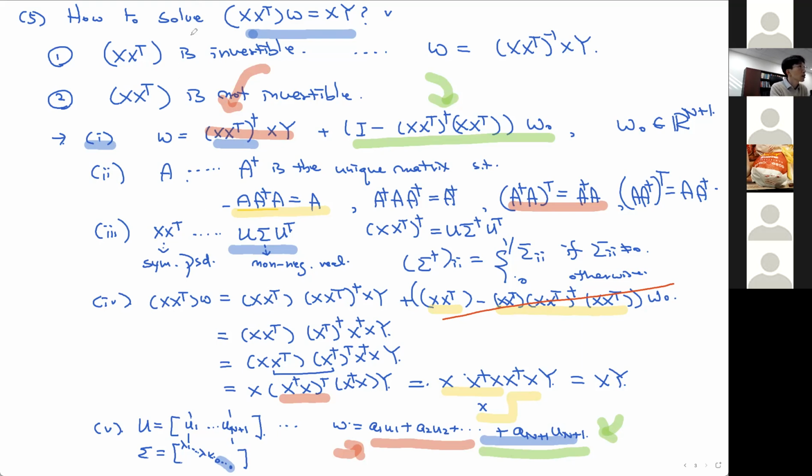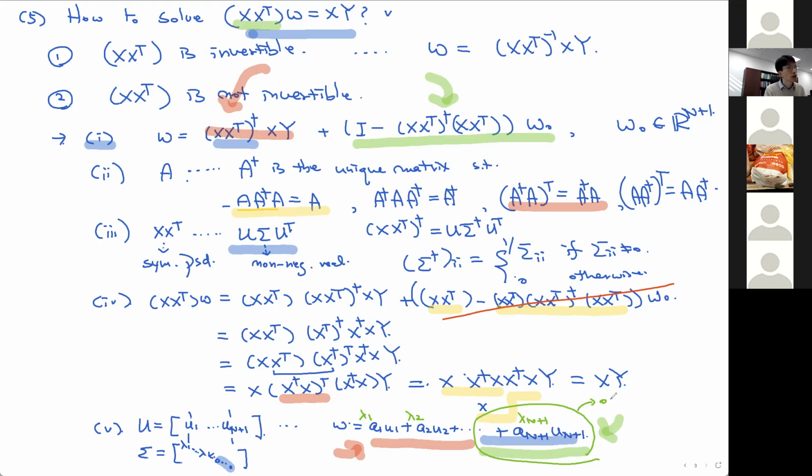So that's the overall picture about this W. Now, although I'm not going to give the calculation, if you compute X transpose multiplied with W, A1 up to AK get increased by a factor of the eigenvalue, so it becomes lambda 1 A1, lambda 2 A2, and so on. Because lambda k plus 1 onward are 0, the extra terms disappear when you multiply with X transpose, whatever values they have.